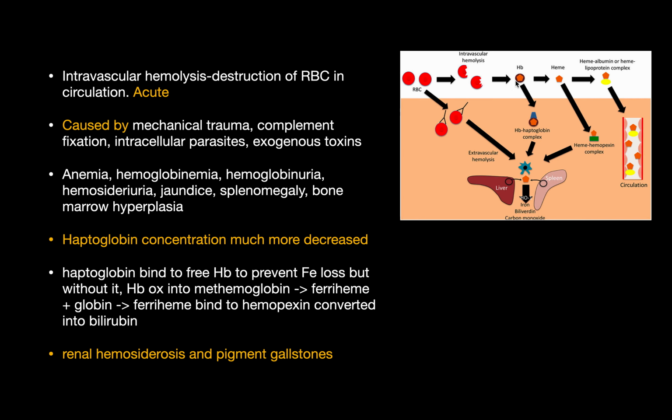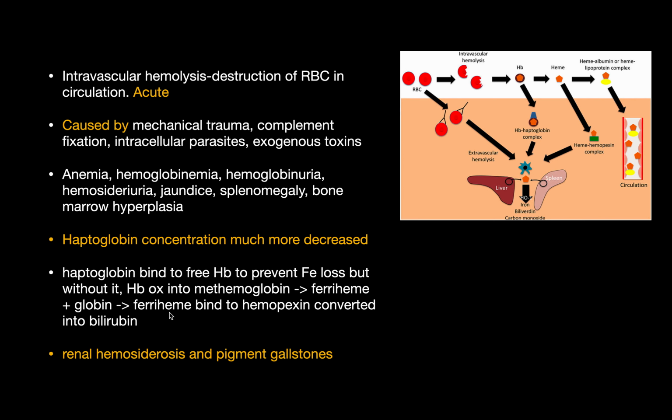So the hemoglobin is going to be released from the red blood cells, and then the haptoglobin is going to be formed, and then it's going to be stored in either the liver or the spleen. So with the storage, the levels are much, much lower. Like I said, it binds to the free hemoglobin to prevent the iron loss, but then the hemoglobin will oxidize into methemoglobin.